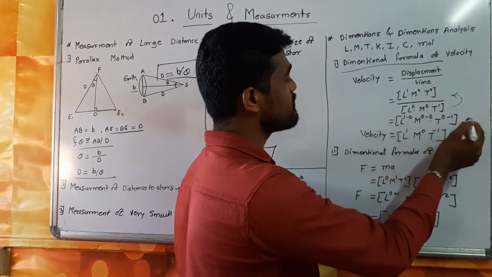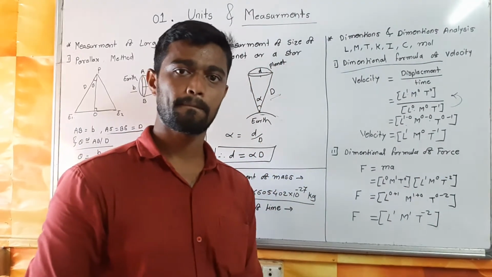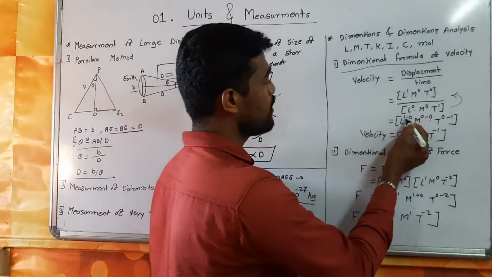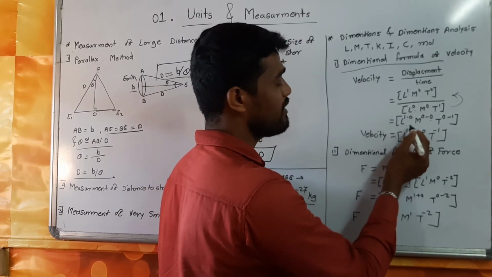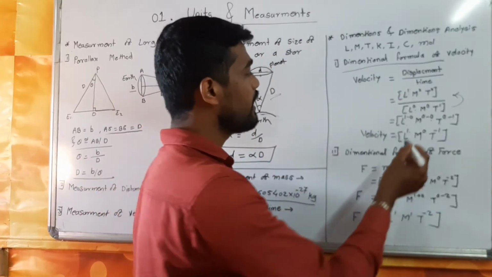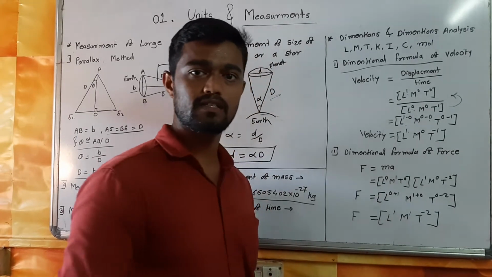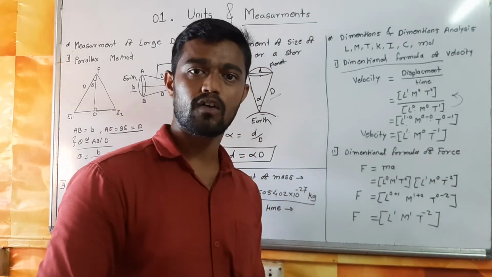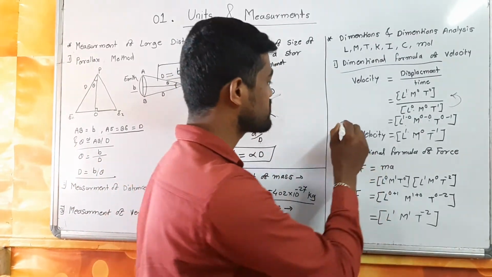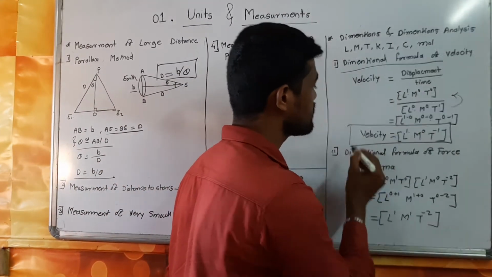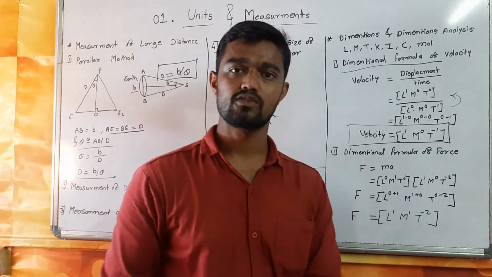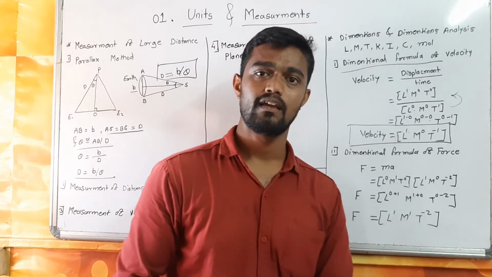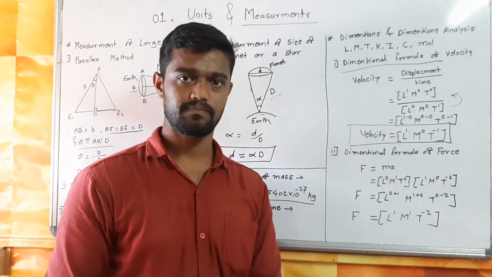T is 0 minus 1, so the power of t is minus 1. So the velocity's dimensions are L^1 M^0 T^-1.